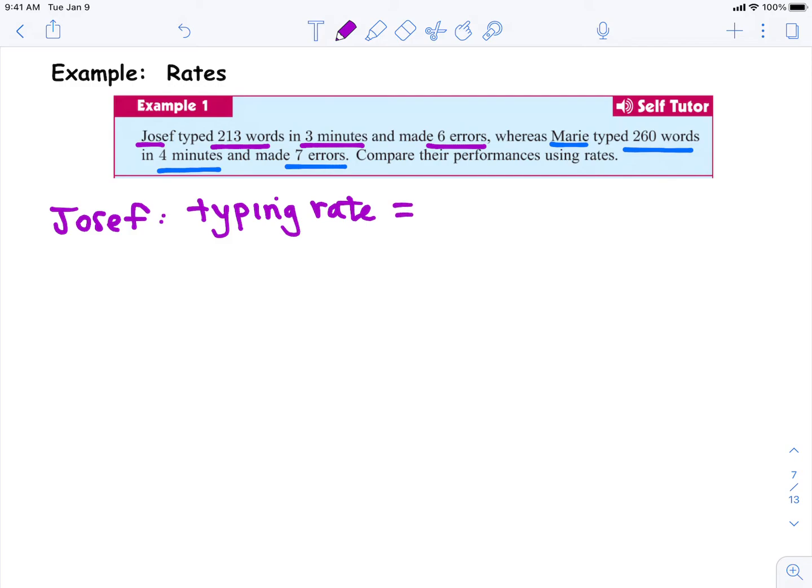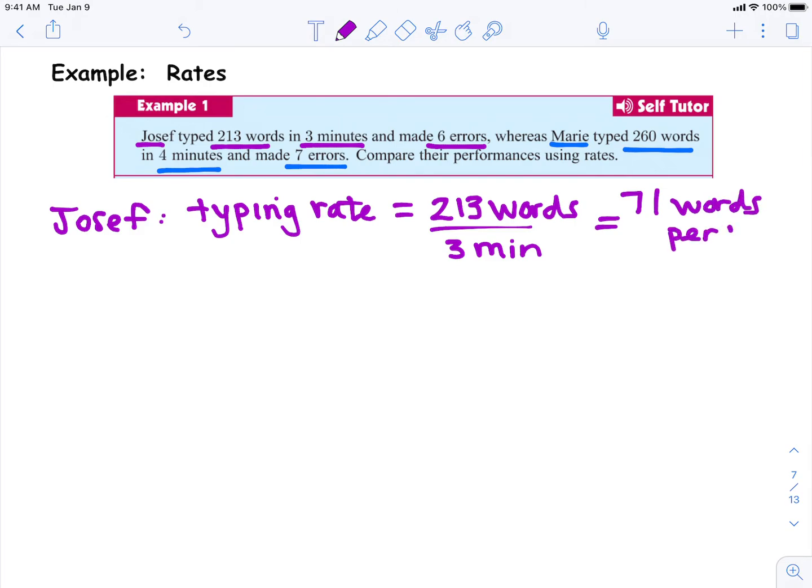So we had 213 words that he typed, and it took him 3 minutes. And then you would divide that, and you get 71 words per minute. And now let's do his error rate.